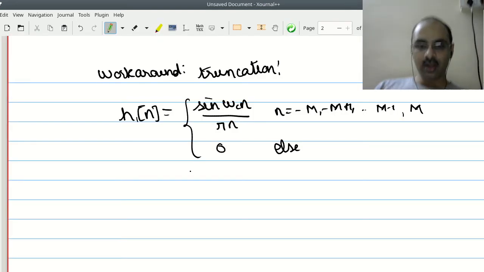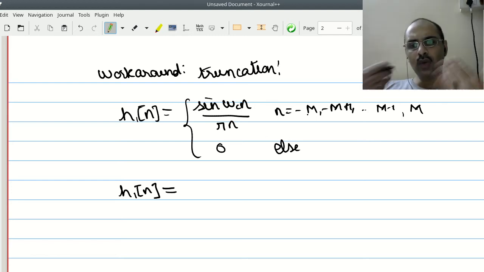So this filter is actually a truncation. But when we want to understand the truncation from a frequency perspective, it is essential for us to express this h1[n] as a transformation of the original h[n]. This is the original h[n] between −M and M. How do we express h1[n] in terms of h[n]?